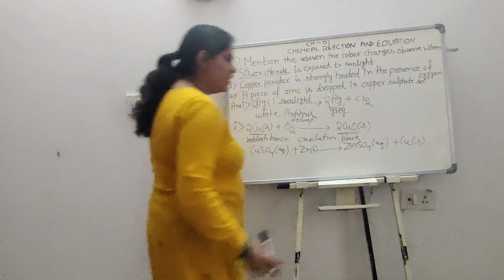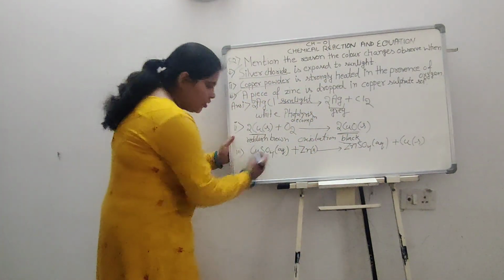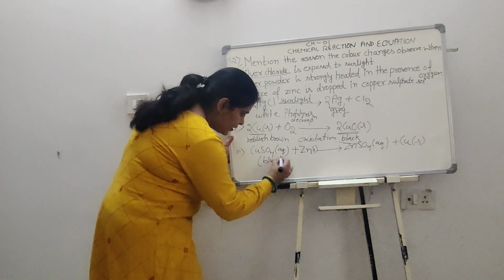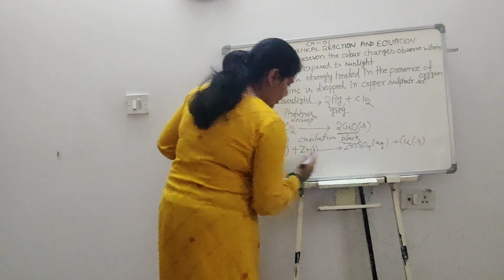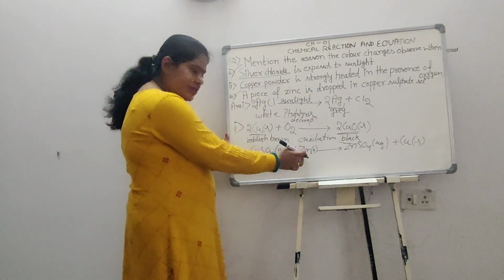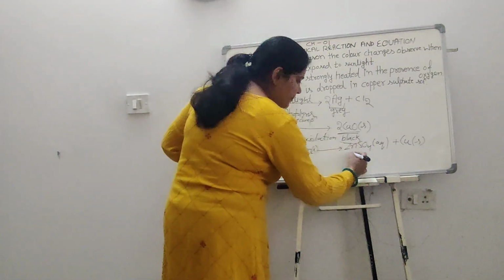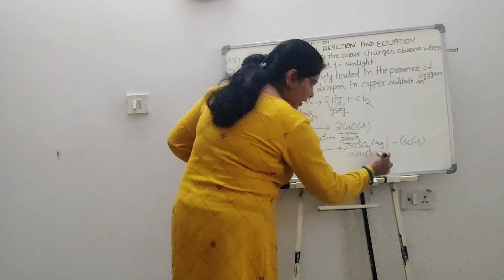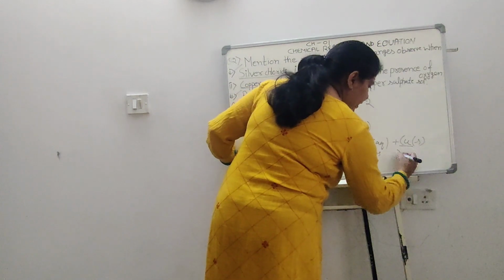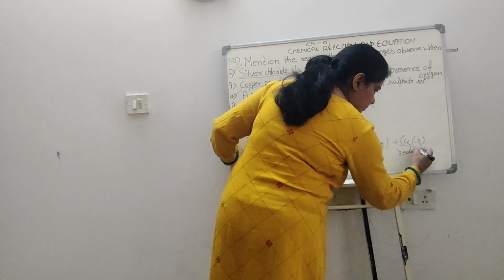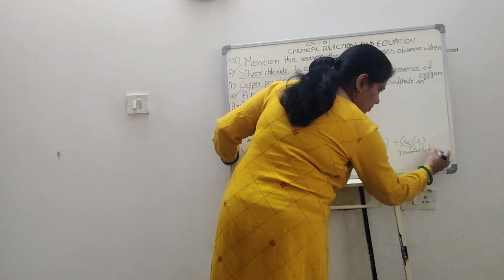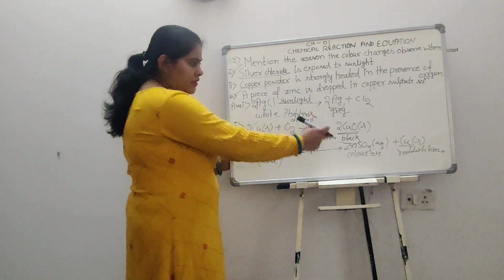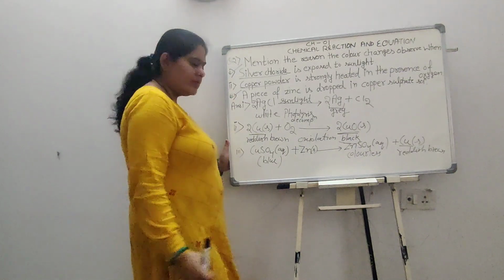So what will you observe during this reaction? The aqueous solution of copper sulfate is blue in color, and after the reaction between zinc and copper sulfate, it becomes colorless. And copper is reddish brown, so the zinc piece becomes coated with reddish brown copper metal.